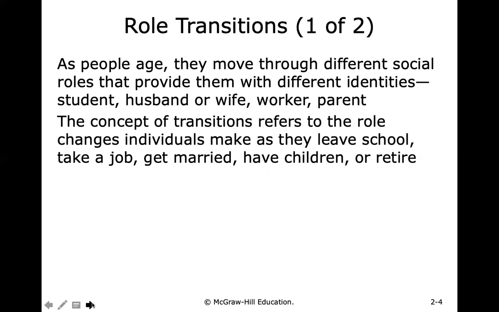So maybe we went back to work after we were stay-at-home parents, and then we retire. So we go through another role transition. And these are all changes that occur when we move from one role to the next.